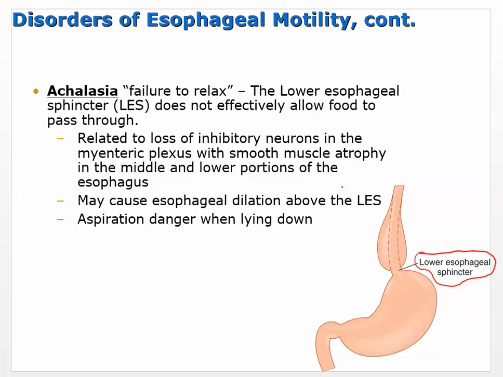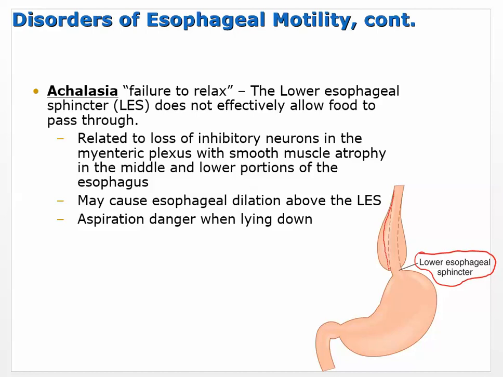And that could be neurogenic as well, related to inhibitory neurons in the myenteric plexus, which is the network of nerves innervating that region, with smooth muscle atrophy. So now you've got weakened smooth muscle in the middle and lower portions of the esophagus.